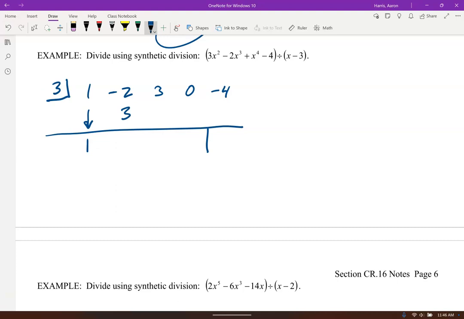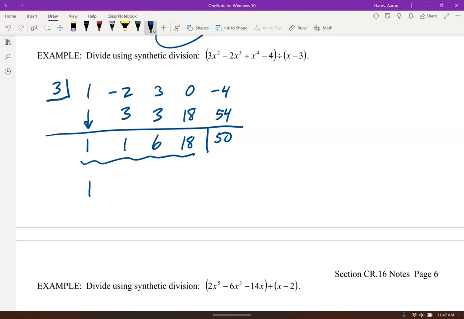Negative 2 plus 3 gives us 1. 1 times 3 gives us 3. 3 plus 3, 6. 6 times k, which is 3, 18. 0 plus 18, 18. 18 times 3, what's that, 54? Negative 4 plus 54, 50. And these are the coefficients of my quotient.